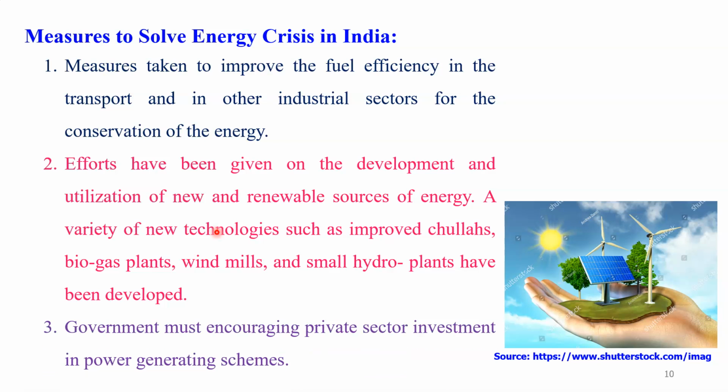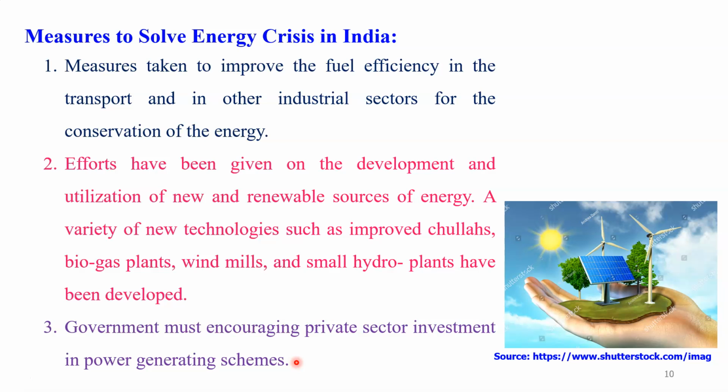The next one is also an important measure to control the energy crisis. The government must encourage private sector investment in power generating schemes. You know that, student, if we are able to produce a lot of energy by investing private sector capital, then definitely it will help the government's plan to provide a continuous, regular supply of electricity or energy to the people.